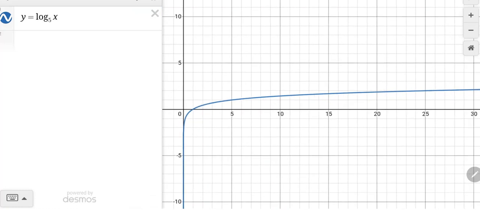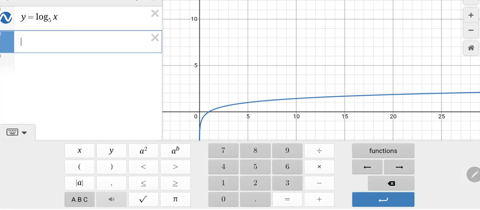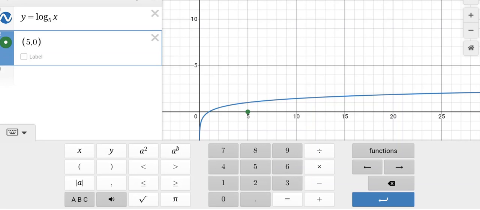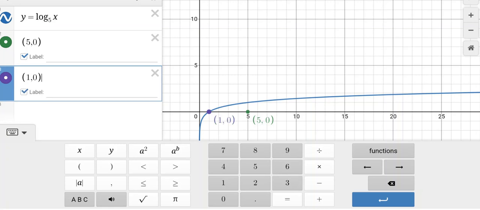Now if we have a look at the points, we can see that we've got a point at 5, 0, so let's just put that in, and label that so we can see that point. We've also got a point, we said, which is going to be at 1, 0. So we'll label that.